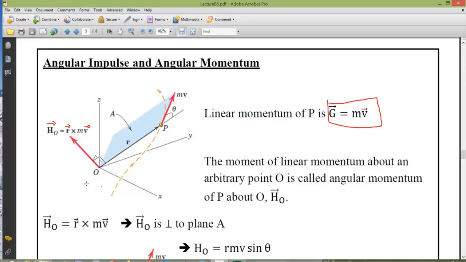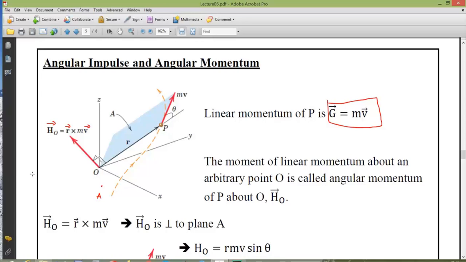But this O point can be any other point as well, so we can discuss a point A here. Okay, and then we can find the angular momentum of P with respect to A. Obviously, it's going to be different than the angular momentum that you're going to calculate about O. So this is up to you. This is your selection of the point that you would use to calculate the angular momentum.